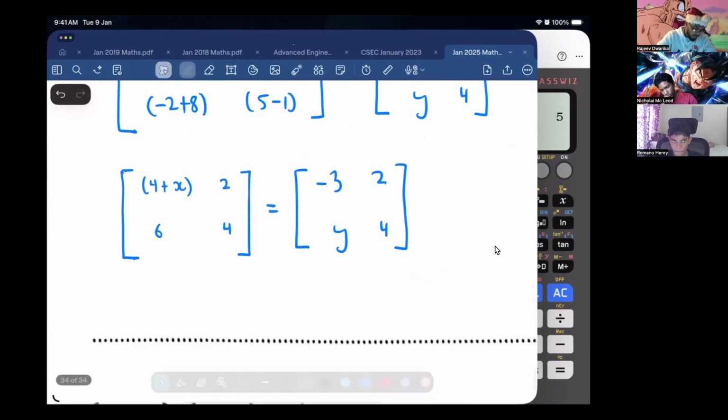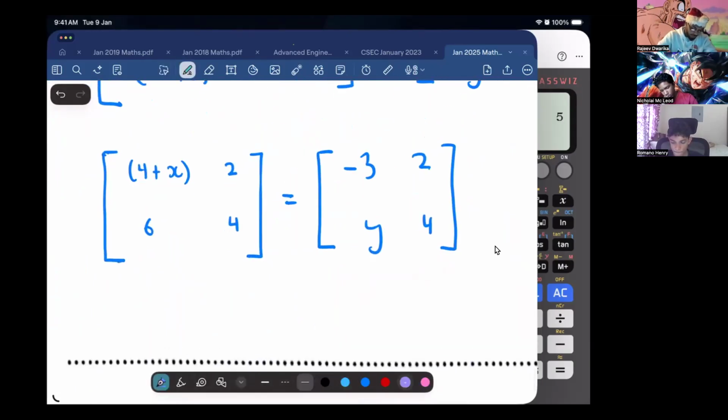So Nicholas, what kind of matrix do we have on the left-hand side? 2 by 2. How about on the right-hand side? 2 by 2. Anytime you have this situation, you can equate the corresponding elements. You see the 4 plus x?